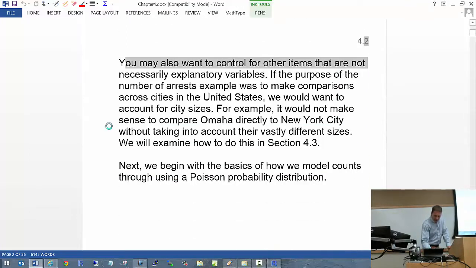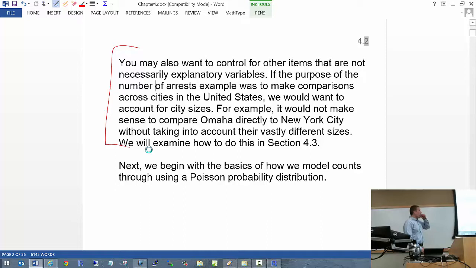Also, in this introduction here, this is something that definitely comes up with a Poisson with these count settings. You might want to control for other items that are not necessarily explanatory variables. So, for example, the number of arrests in a city per year. Let's say you want to do some comparisons between New York City and Omaha.